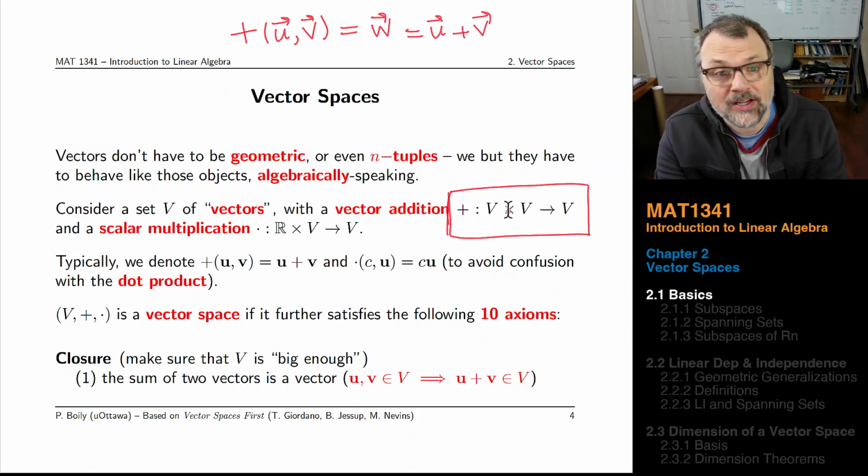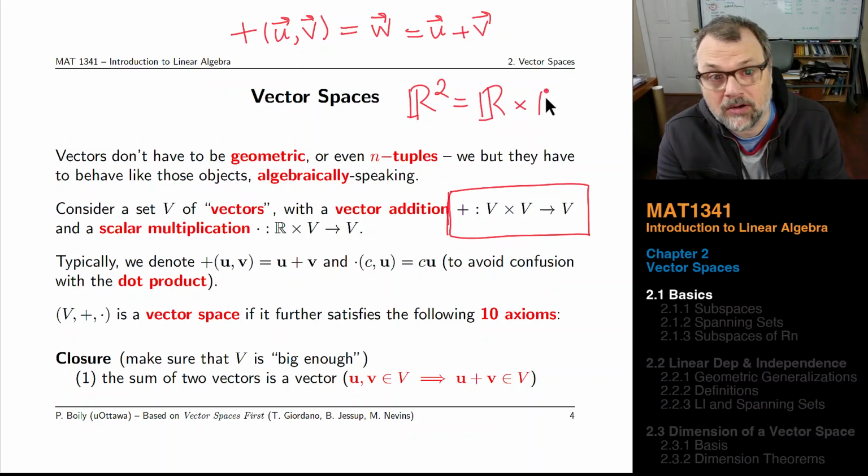So the cross here is telling us that there are 2 different inputs to this function. If you wanted to, you could think of R squared as R cross R. There are 2 coordinates in order to get a point in the plane.